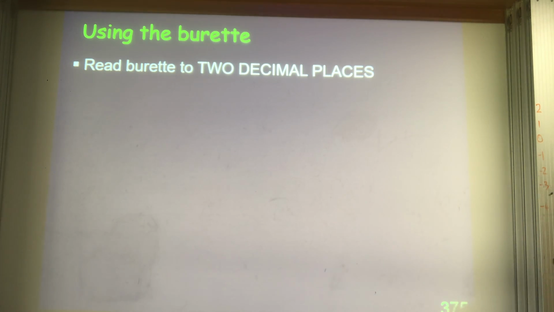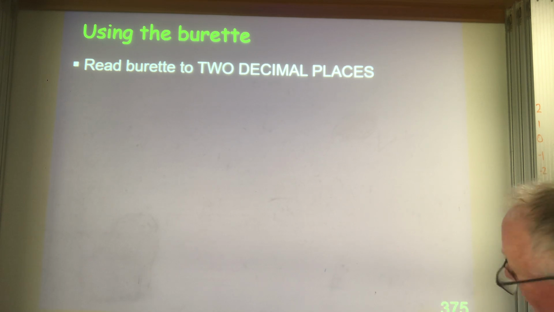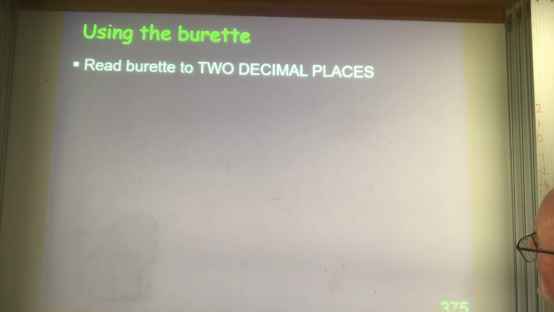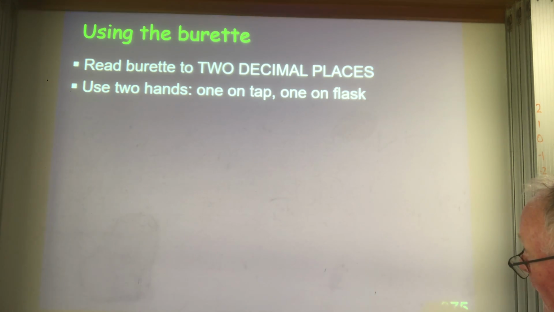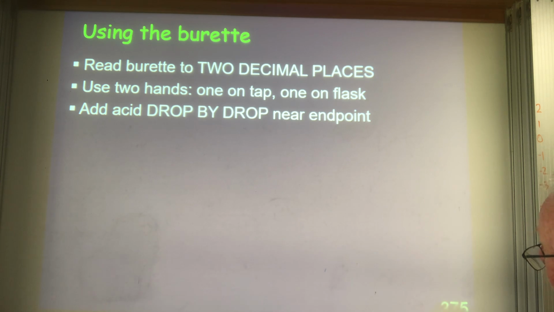Using a burette, this is one thing I always emphasise, reading a burette to 2 decimal places. I'd be harassing you during the prac, telling you to read it to that 2nd decimal place. And some of you would find that easier than others. Two-handed burette technique again. These are practical considerations.